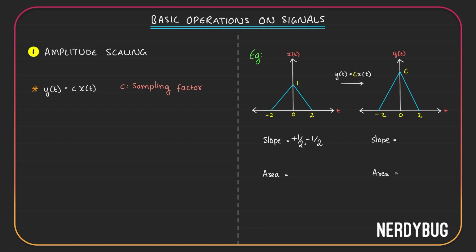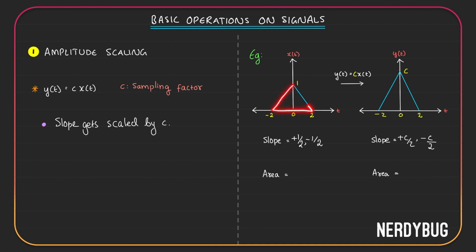In the new graph, here it is going to be plus c by 2, and here it is going to be minus c by 2. So what we can see here is the slope has also been multiplied by c. That is, we can conclude slope gets scaled by c.